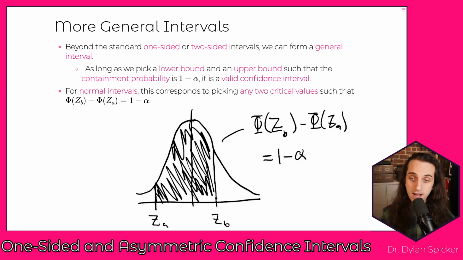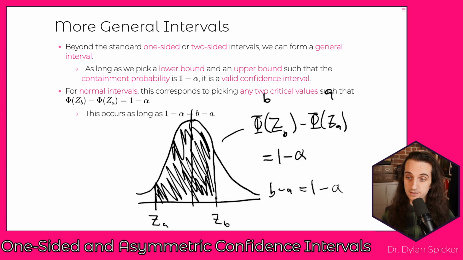Okay. And so what we can actually work out is, because phi of Z_B is going to give us B, and because phi of Z_A is going to give us A, then what we need is B minus A equals 1 minus alpha. And as long as B minus A is equal to 1 minus alpha, that's going to hold perfectly fine, right? So this occurs as long as B minus A is equal to 1 minus alpha.